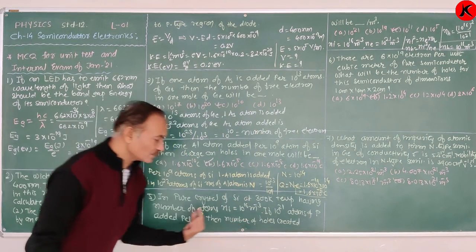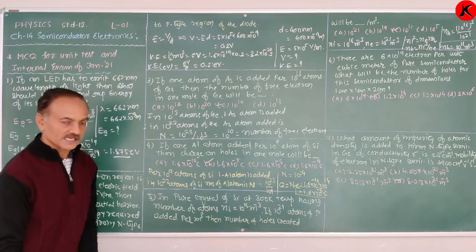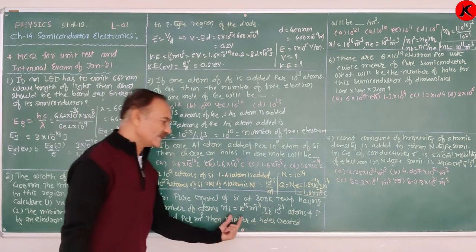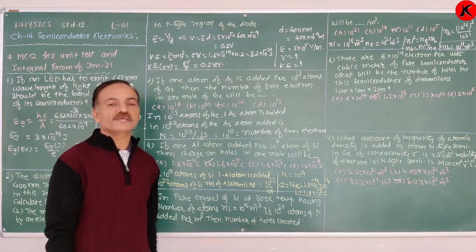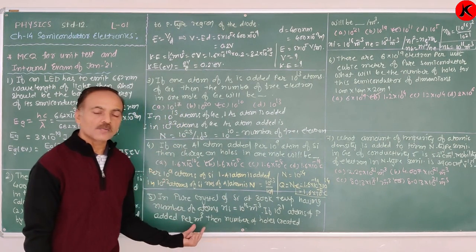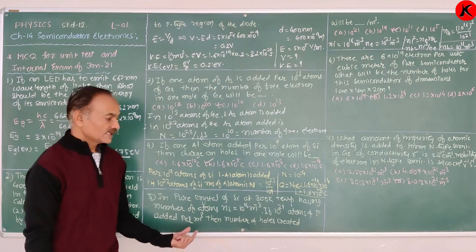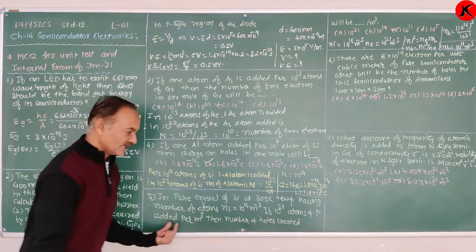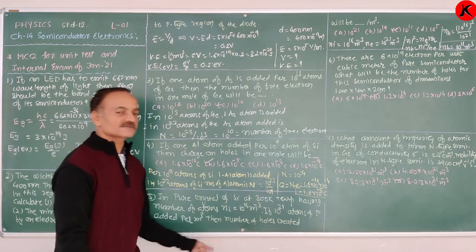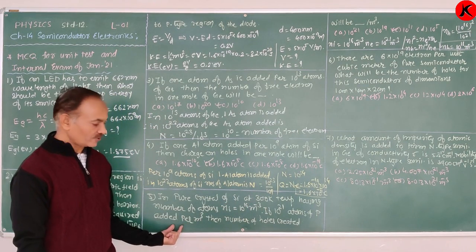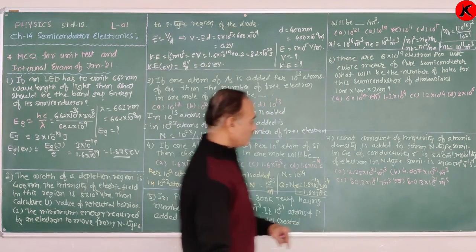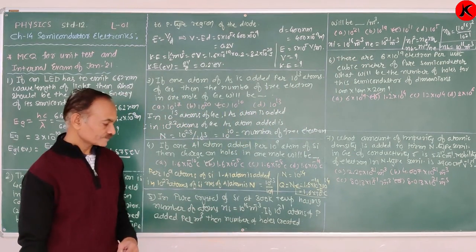Now, if 10^21 atoms of phosphorus are added per meter cube, phosphorus is the pentavalent impurity atom or the donor impurity atom. So per one phosphorus atom we get one electron. Therefore, the number of atoms 10^21 added per meter cube gives the number density of the electron. Therefore, Ne is equal to 10^21 per meter cube.